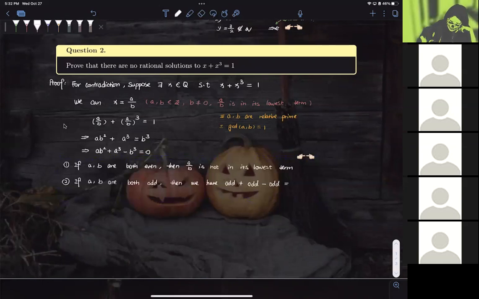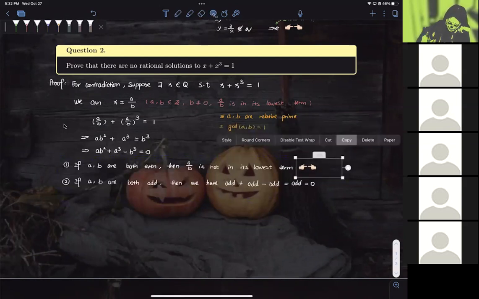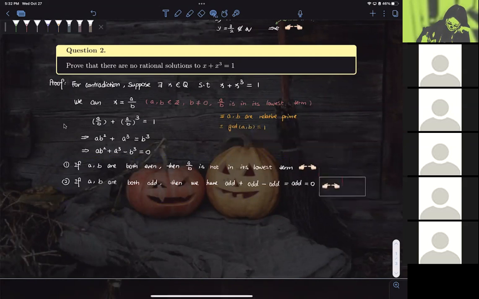This should also be odd, equals 0. This is a contradiction because 0 is an even number. So another contradiction. Okay, why? Because 0 is even.